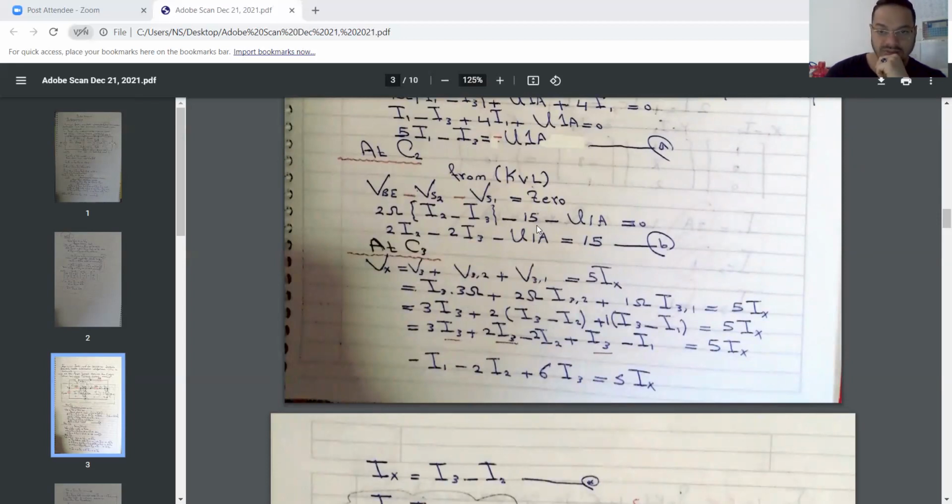Now let's modify: 2I2 minus 2I3 minus V1A equal 15. This equation, we can say number 2 or B.